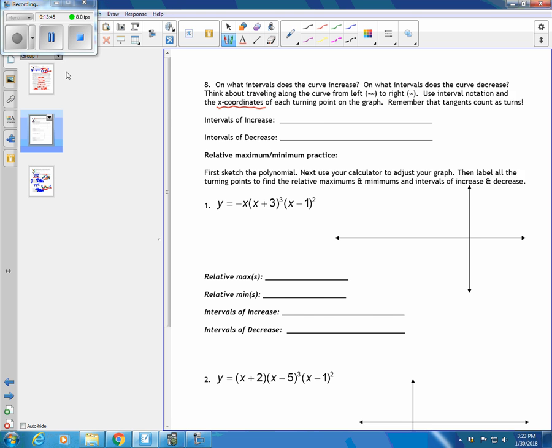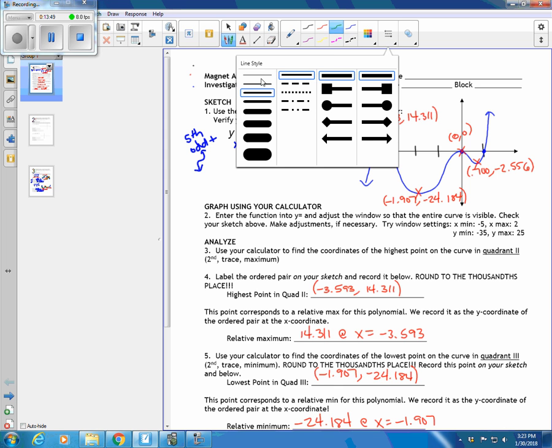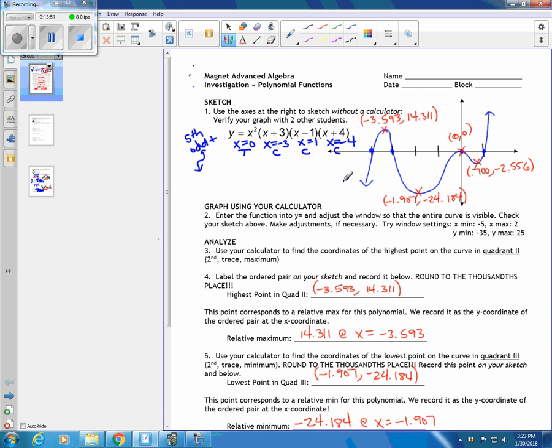Okay, so if I move back to my graph, look at every section from left to right. If I put the little guy here, he's either going up or going down. So this would count as an increase. Then you turn, and now you're decreasing. Turn, increase. That doesn't really look like an increase, does it?